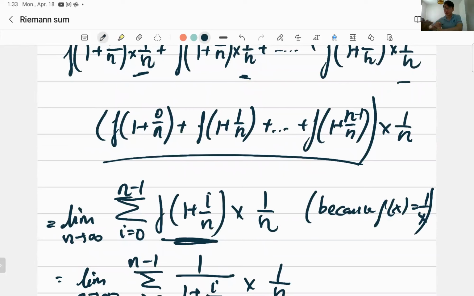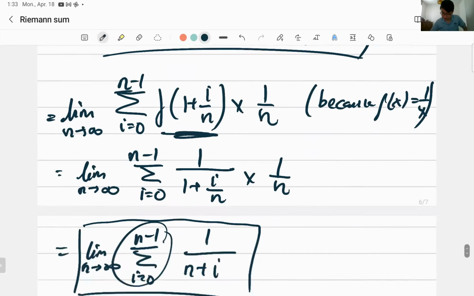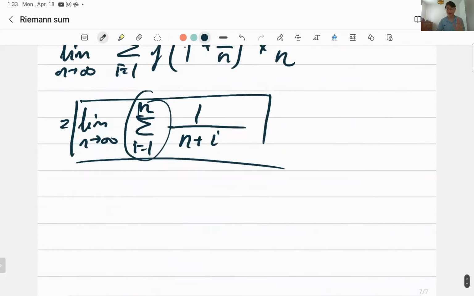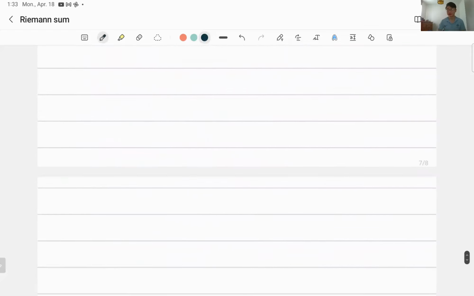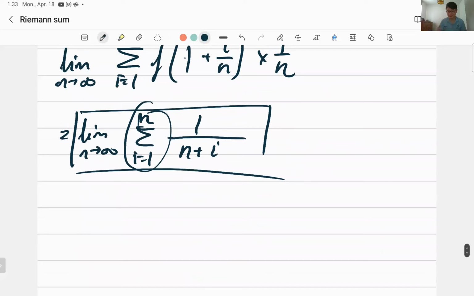So it just asked me to find the expression, and this is what I wanted to do. I'm not going to evaluate it. Of course, if I want to evaluate this, I treat this as a limit case and find the limit of it.